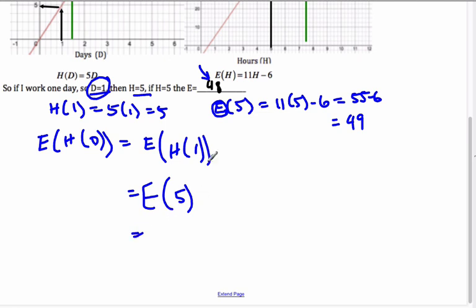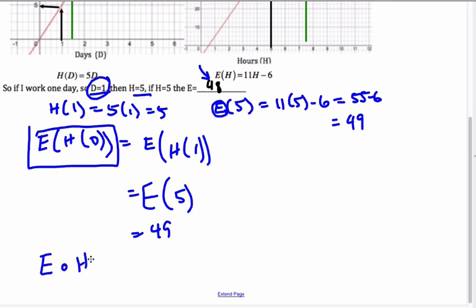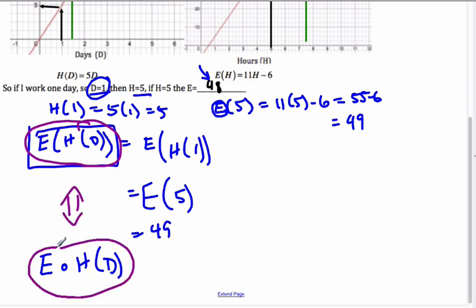And E at 5, I figured that out to be 49. And so the notation I use for this is E of a little circle h of d. These two things here, this is exactly the same as this. But we did it by the numbers.